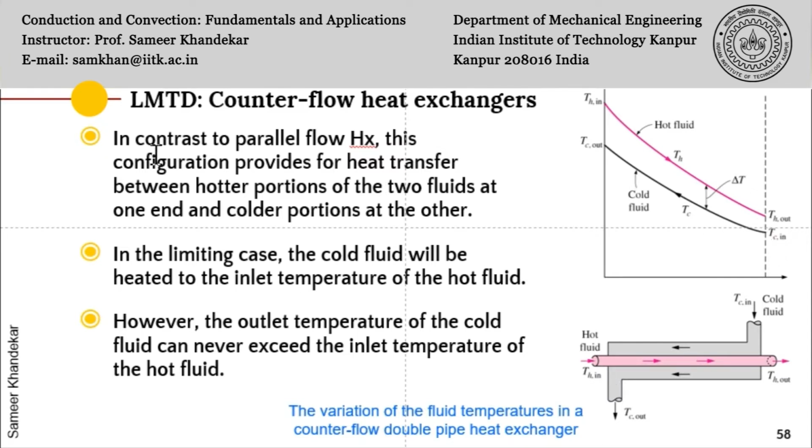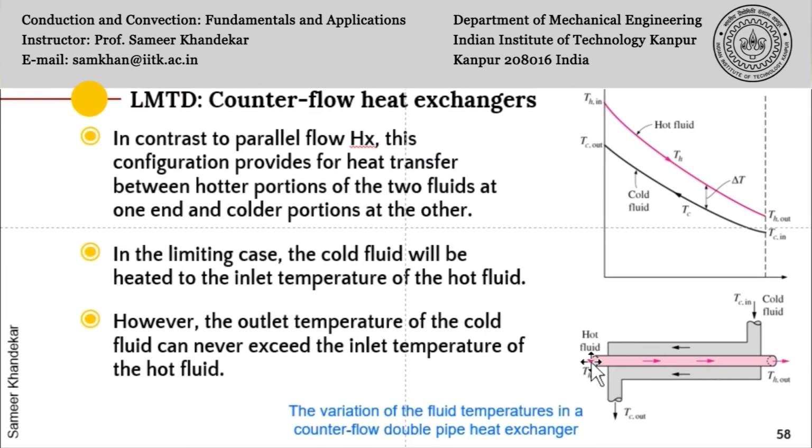So in contrast to a parallel flow heat exchanger, this configuration provides for heat transfer between hotter portions of the two fluids at one end and colder portions at the other. So the qualitative temperature profile is quite different from a parallel flow heat exchanger.